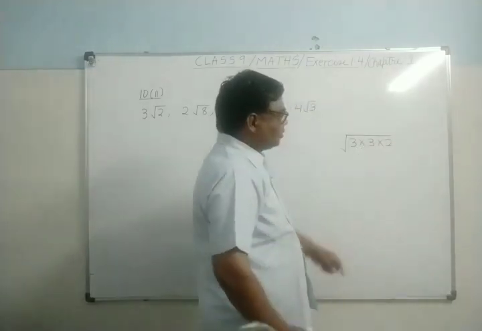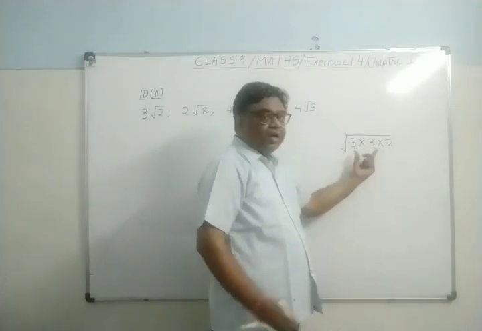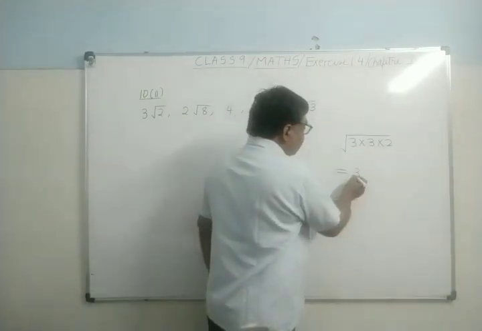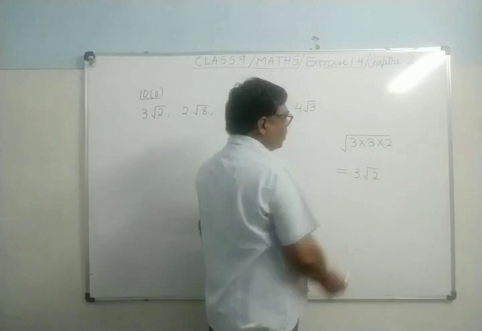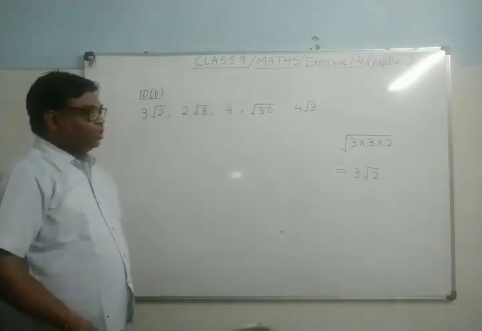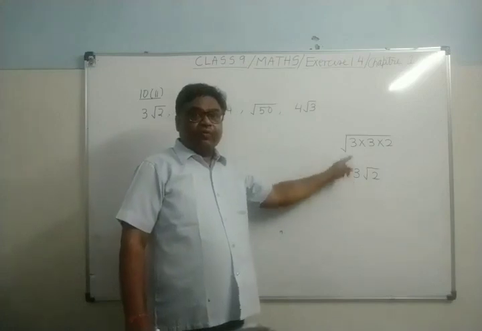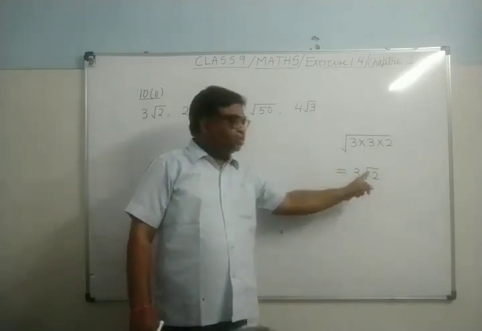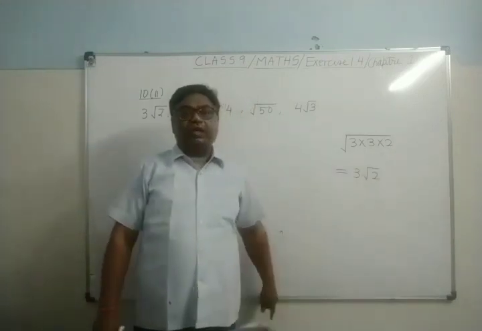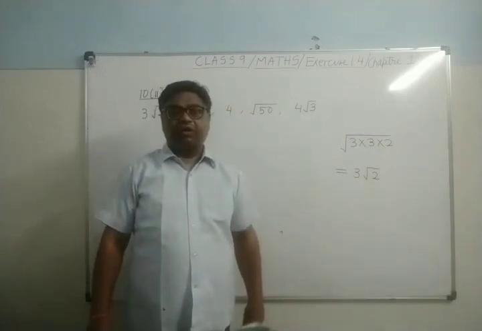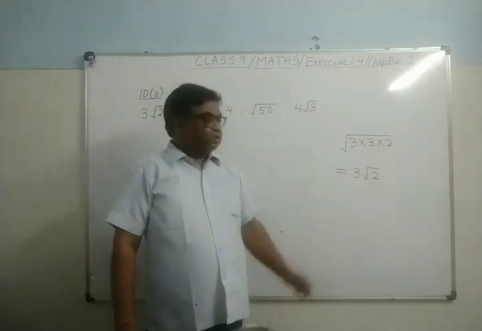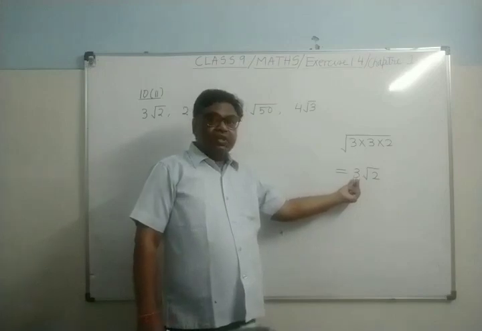What will you write after simplification? 3 का पेयर बन गया, so what will you write? 3 root 2 का पेयर नहीं बना, so it will be 3 root 2. So when it is outside, it is written singly. But when you will take inside, so since it is square root, so it will be written 2 times in the product form. इसलिए ये बाहर है तो singly लिखा.